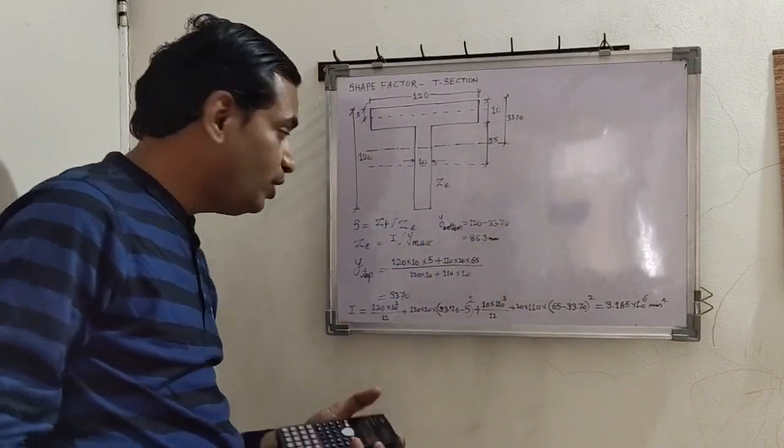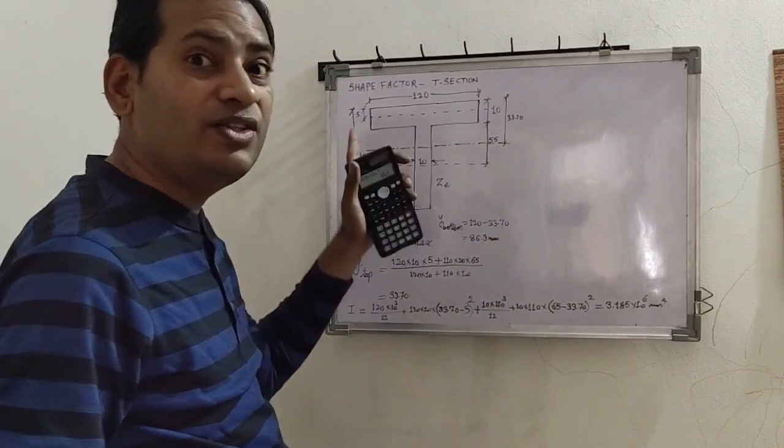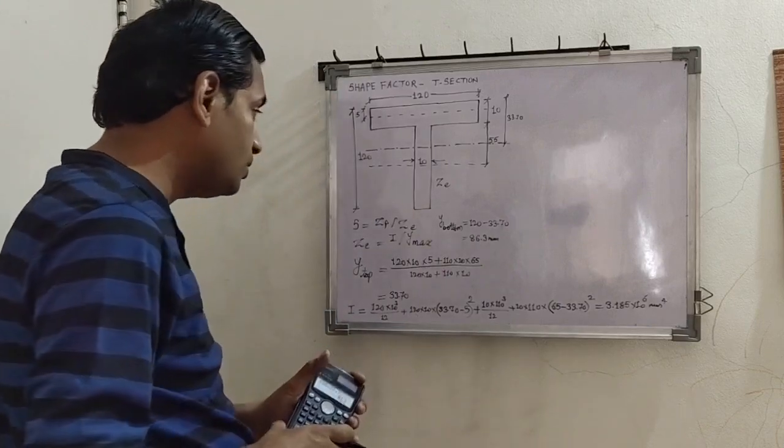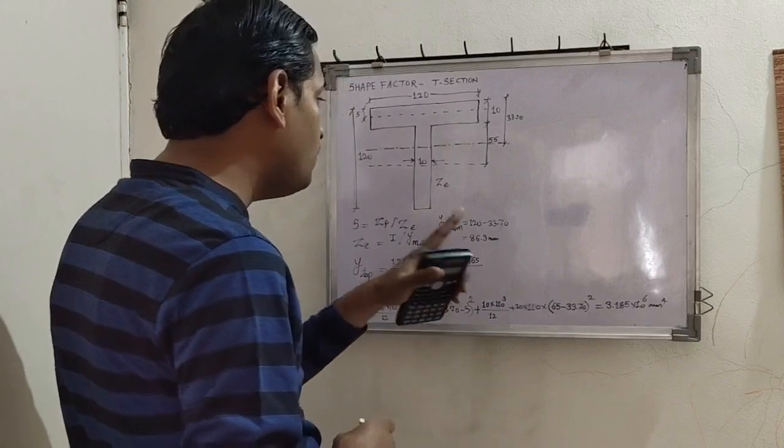So while substituting Y max, we need to take care of this in case of unsymmetric sections, because Y is not half of overall depth. So which one is more? Y bottom.